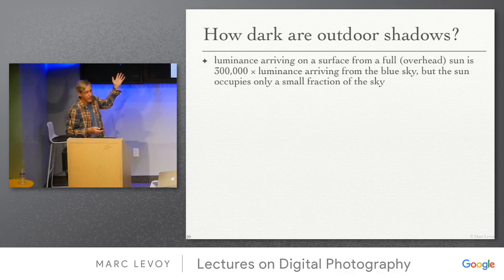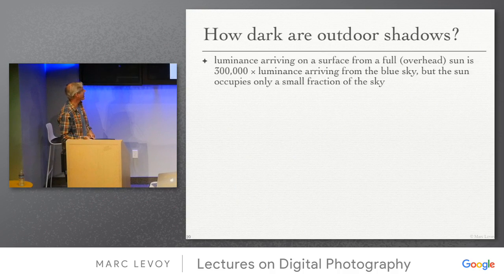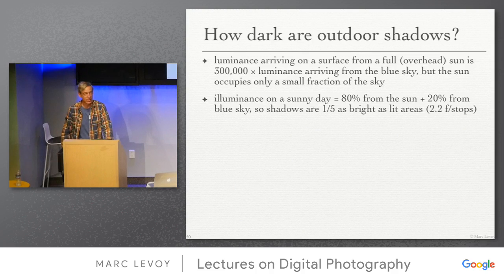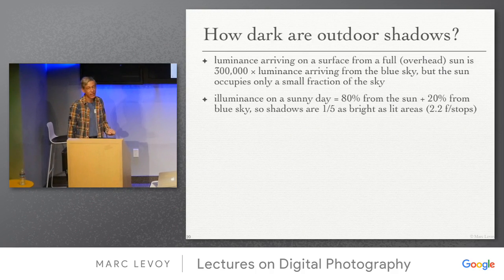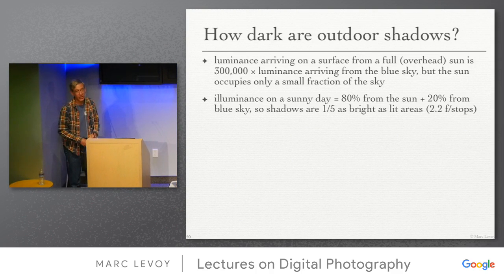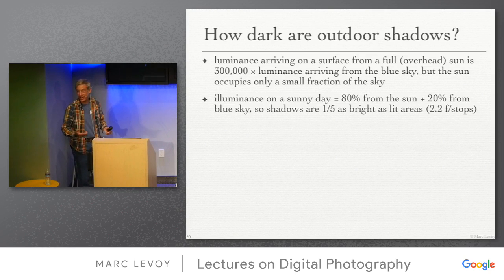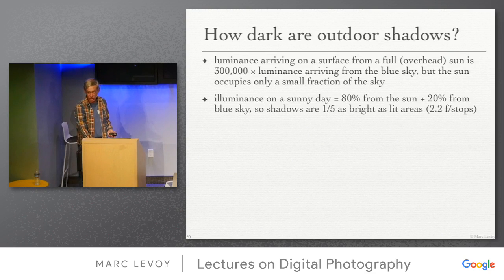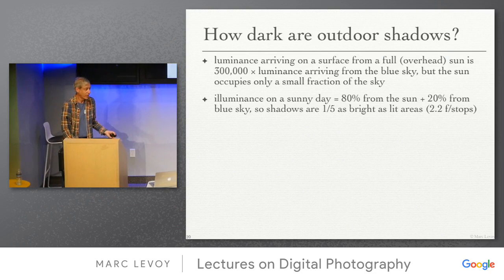And if you did, and you knew this one number of the luminance of the blue sky, then you could work it through and figure out that the illuminance falling on a surface on a sunny day is 80% coming from the sun and 20% coming from the blue sky. So that's kind of interesting, because whether a surface sees the sun or sees just the blue sky is what's called a shadow.